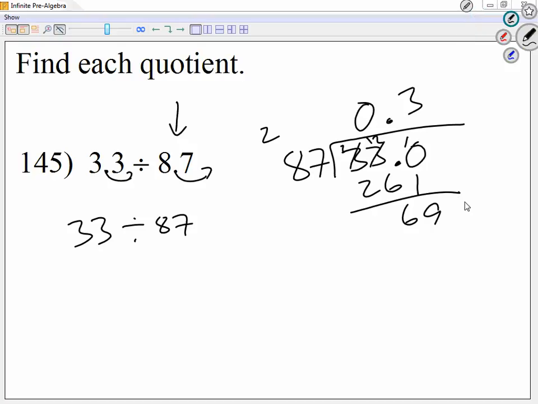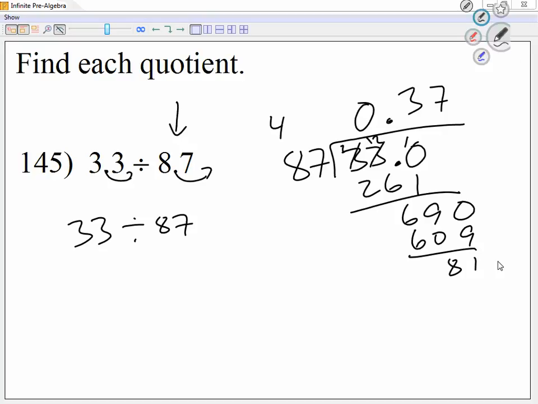To continue, let me add a 0. 87 into 690. Let me try 7 times. Let's see if it works. 7 times 7 is 49. 7 times 8 is 56, plus 4, 60. When I subtract this, I get 81.